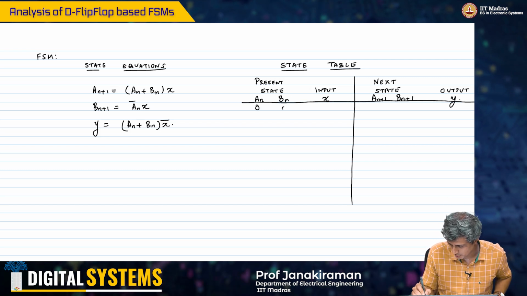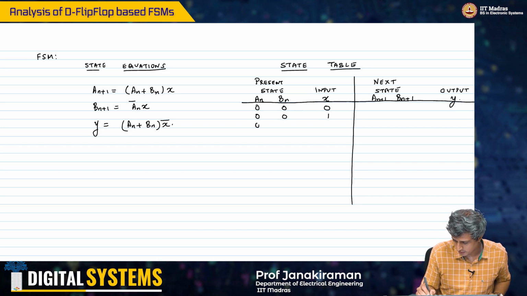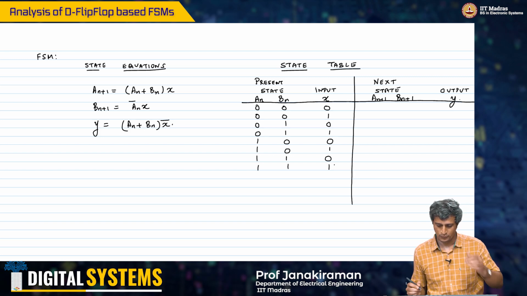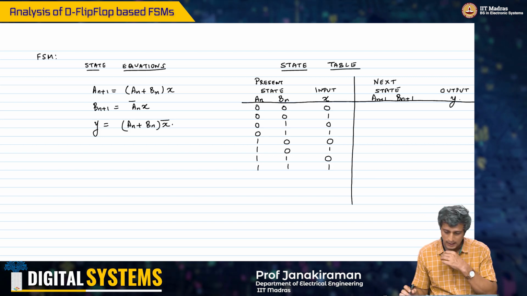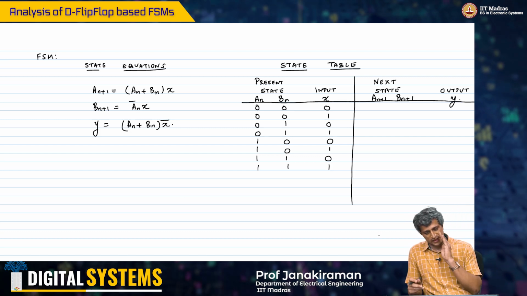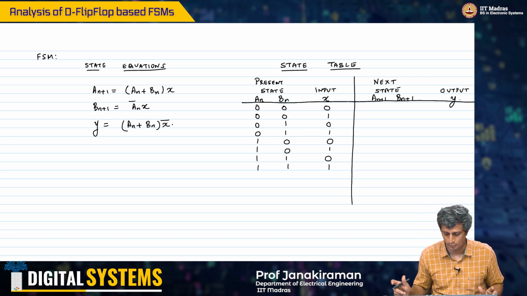You have 000, 001, 010, 011, 100, 101, 110, 111. So I have 8 possible combinations here, and I am going to simply determine, if An and Bn were in this present state, what my next state is going to be.